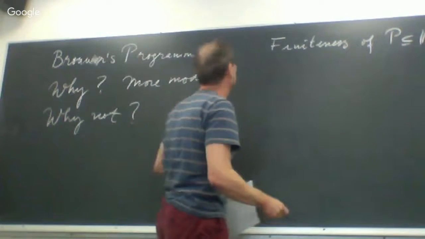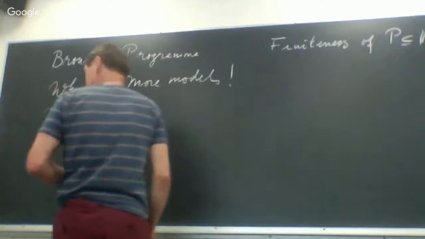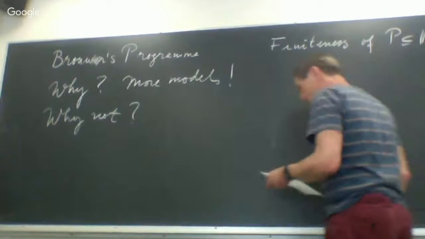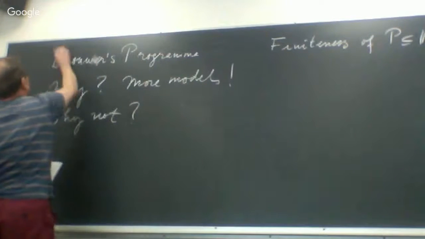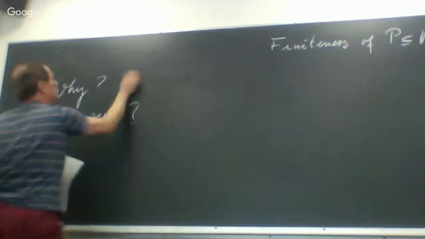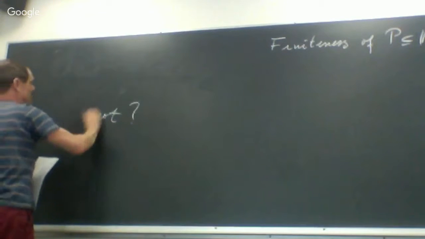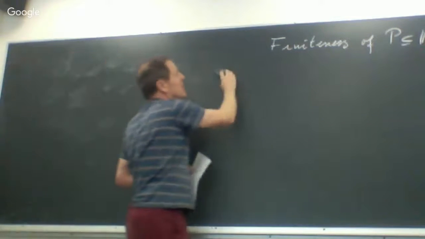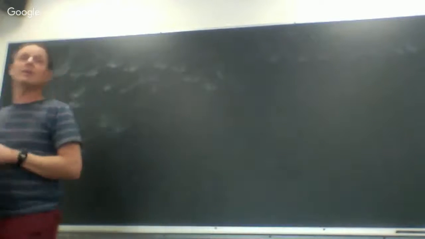And the first one is the one which you could call listability of the elements of P. So that is the strongest one that I know of. That means that P is finite if there is a list which enumerates all its elements.